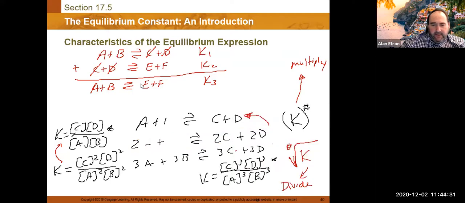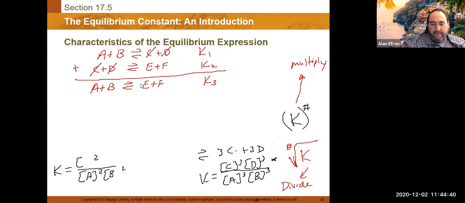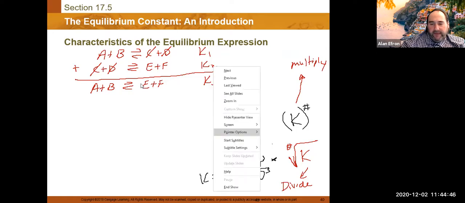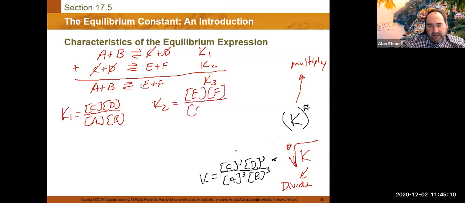If we looked at the K values for each of these reactions, if we wrote the K value for the first one, K1 would be the concentration of C times the concentration of D divided by the concentration of A and the concentration of B. If we wrote it for our second one, it would be the concentration of E times the concentration of F divided by the concentration of C times the concentration of D.